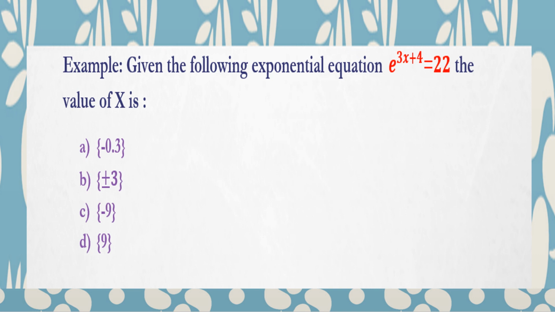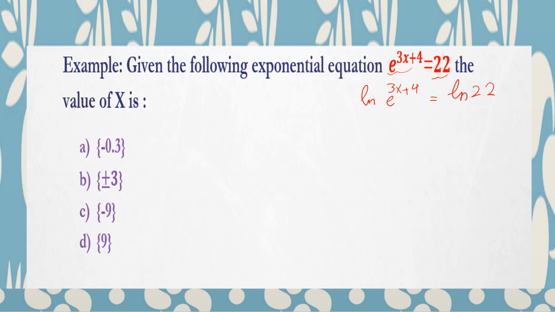Another example, given the following exponential equation, e power 3x plus 4 equals 22. Again, the base is not equal, as e is not equal to 22, and we cannot make 22 equal to e. So by taking the logarithm for both sides, we get ln e power 3x plus 4 equals ln 22.